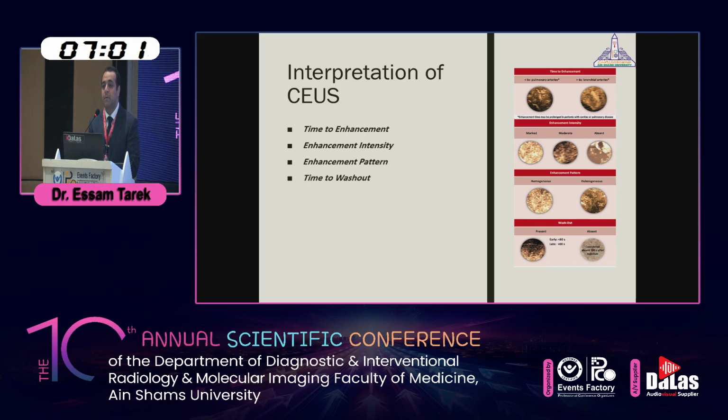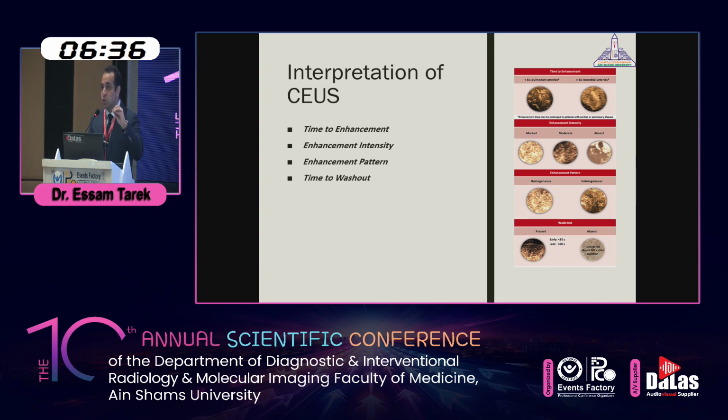Here is another basic of contrast enhancement: it depends on the fact that the lung has a dual blood supply. We have a systemic blood supply with the bronchial arteries, mainly for nourishing the lung parenchyma with blood, and we have the pulmonary circulation, which is mainly for gas exchange.